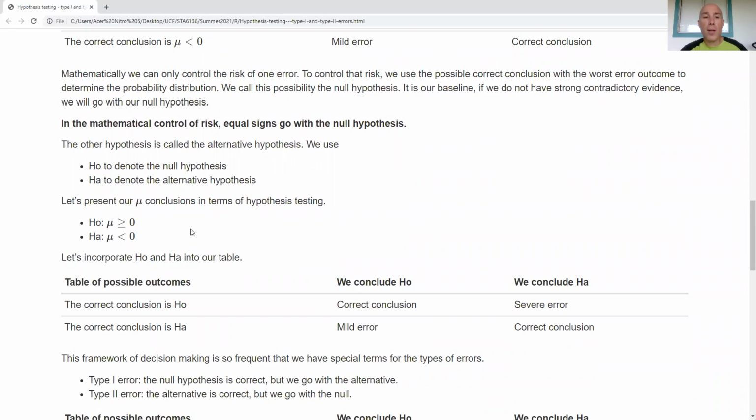All right, so let's go ahead and write out our hypotheses in terms of our population averages. H sub 0 is the null hypothesis, and H sub A is the alternative hypothesis. And remember, equal signs always go with the null hypothesis because the null hypothesis is the one that determines our probability distribution.